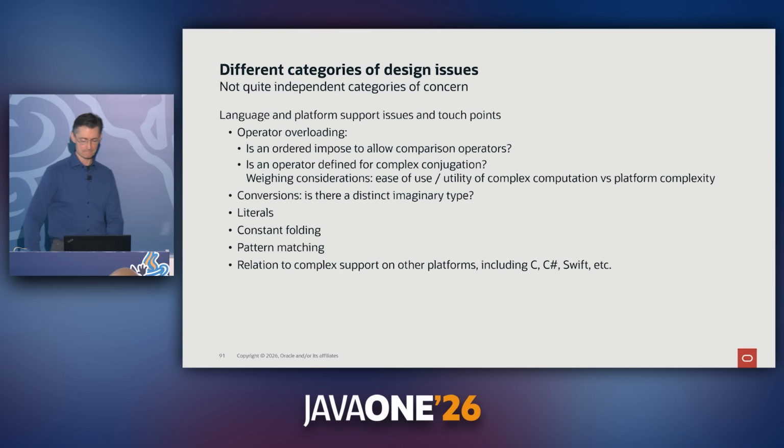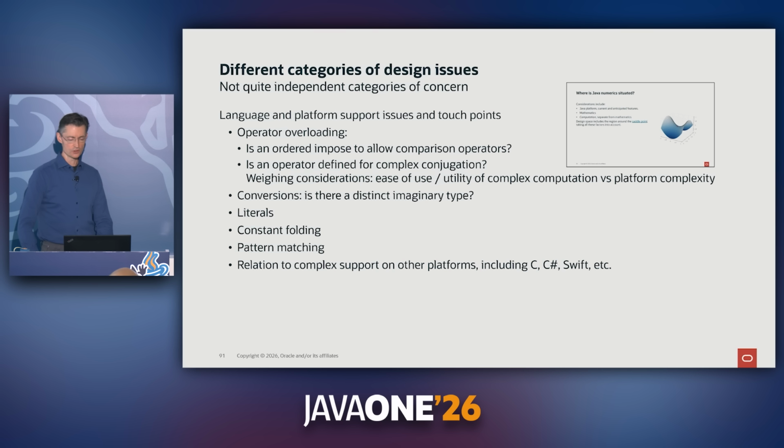So do we want to add that sort of operator, say a tilde operator for complex conjugation? Well, it kind of depends what your priorities are. If your priority is making sure we have a really great complex type, sure, because it's fundamental to complex. But if you're taking a broader perspective, it's just one kind of number.